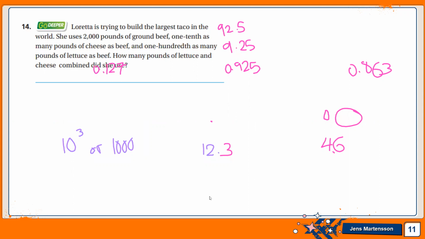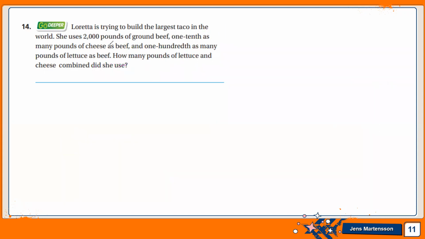So here, what do we have, Hunada? Here we have 2,000 pounds. They told me that 1/10 as cheese and 100 as lettuce.